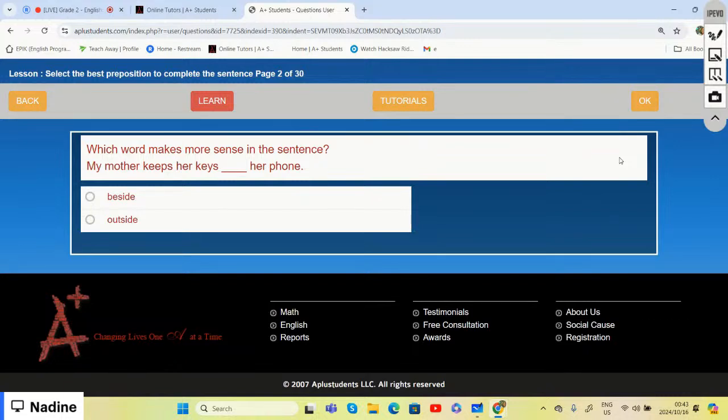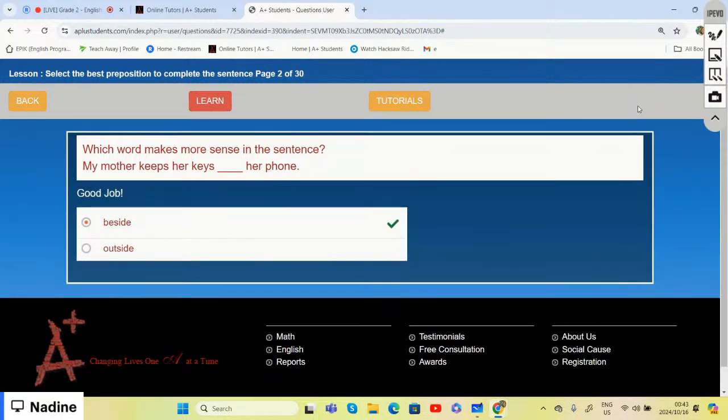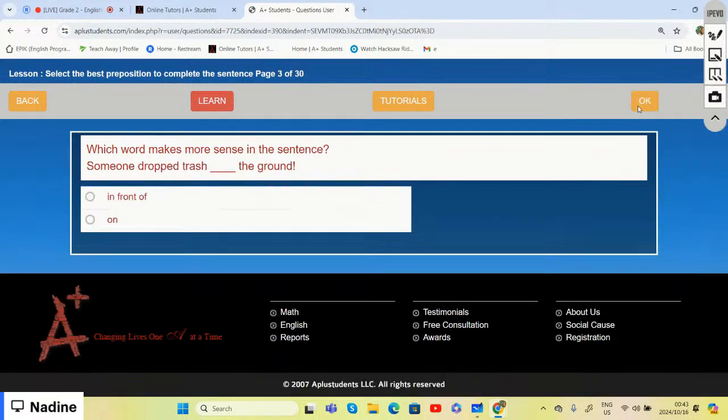And we can say my mother keeps her keys beside her phone. It's like next to the phone. That is where she keeps the keys. And well done. Beside is correct.